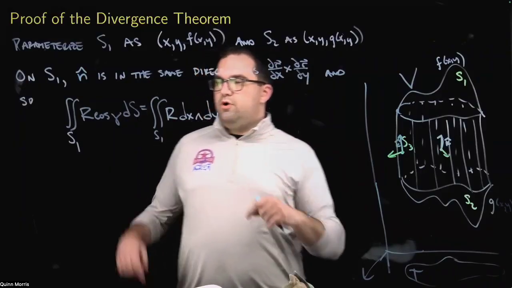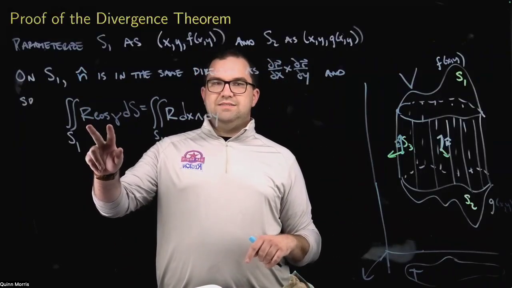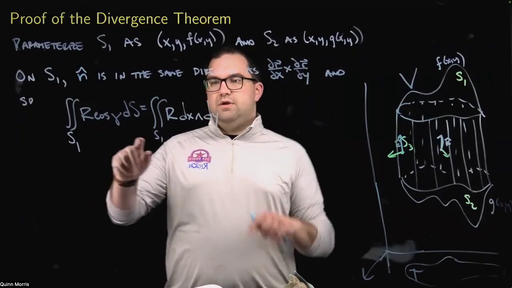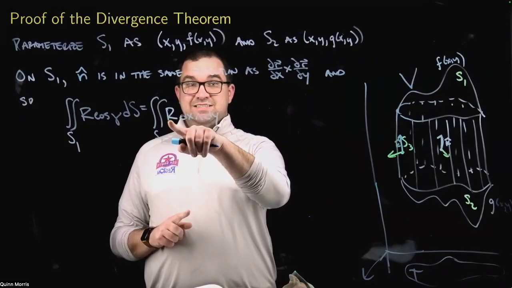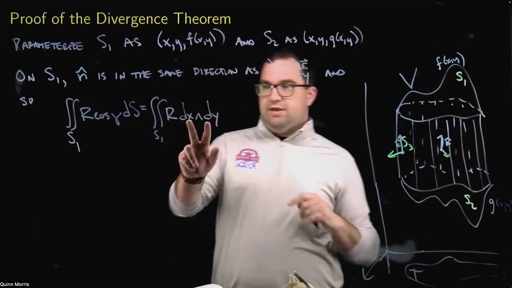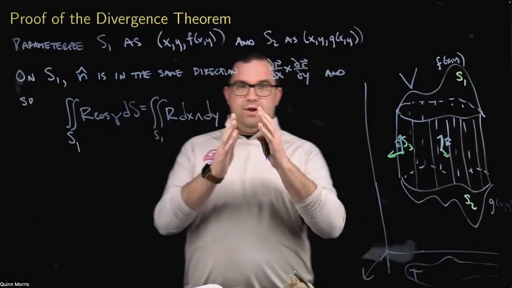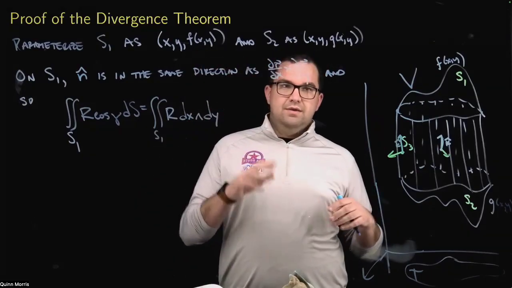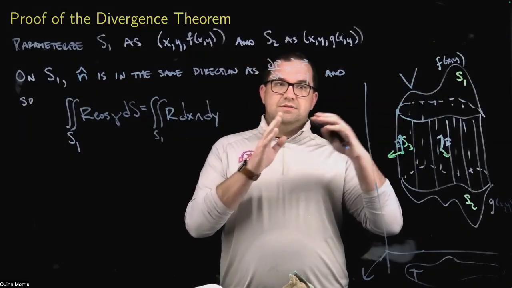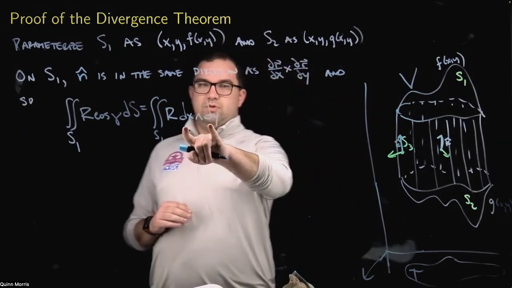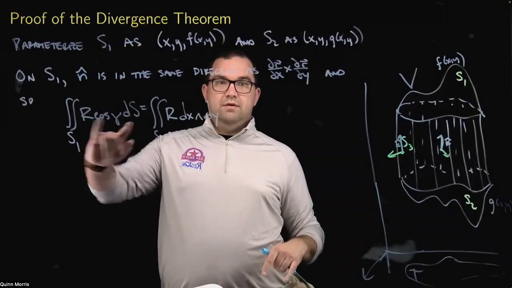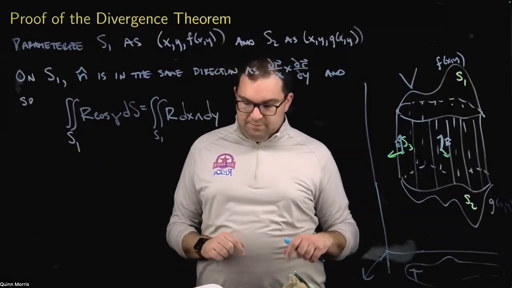So why is this true? Well, this is the z component of the vector field. If you think about how we were able to break this out in terms of dy dz, dz dx, and dx dy, it's only the z term that survives, because this is just the z component of the vector field.